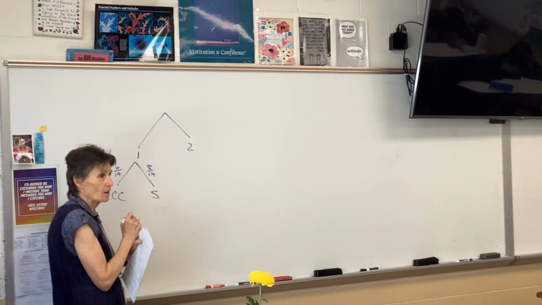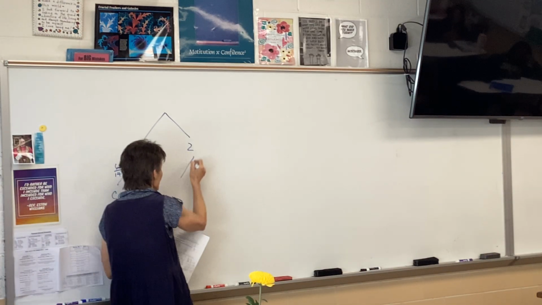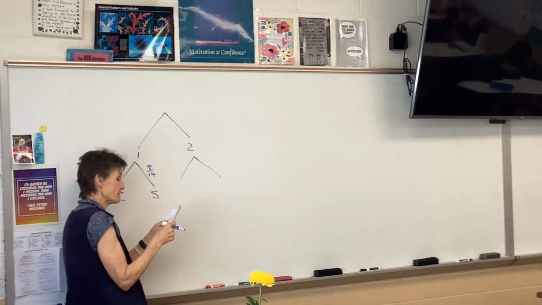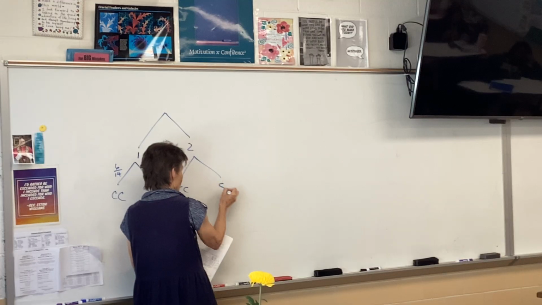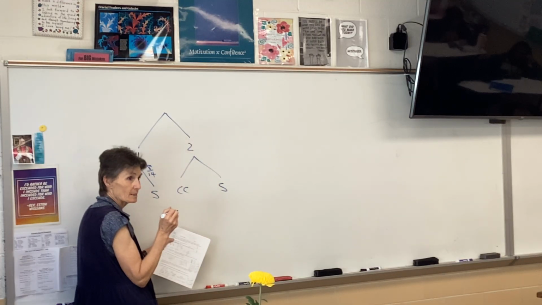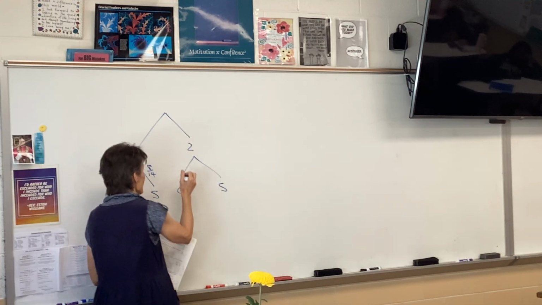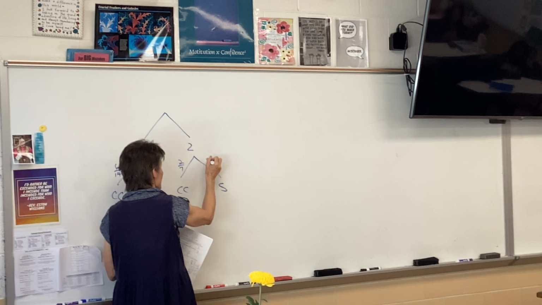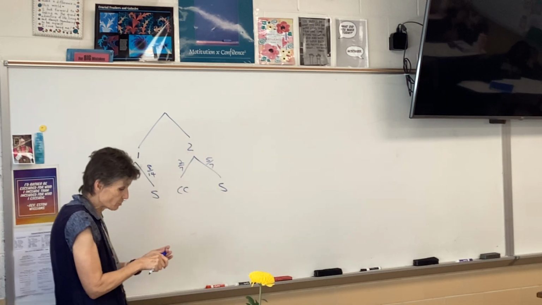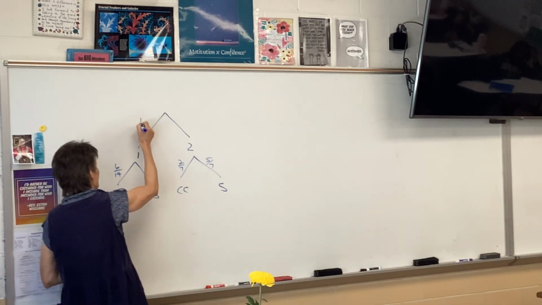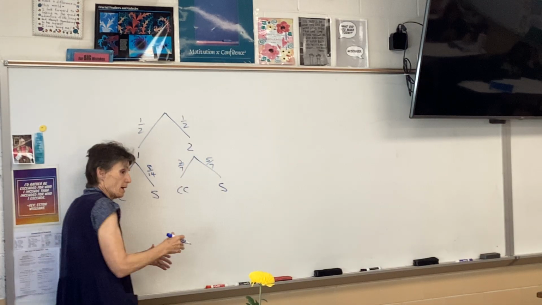Then jar 2 has 2 chocolate chips and 5 sugars, which makes 7. So this is 2/7ths, and this is 5/7ths. When Declan walks into the room, he has a 50-50 shot of picking either jar.